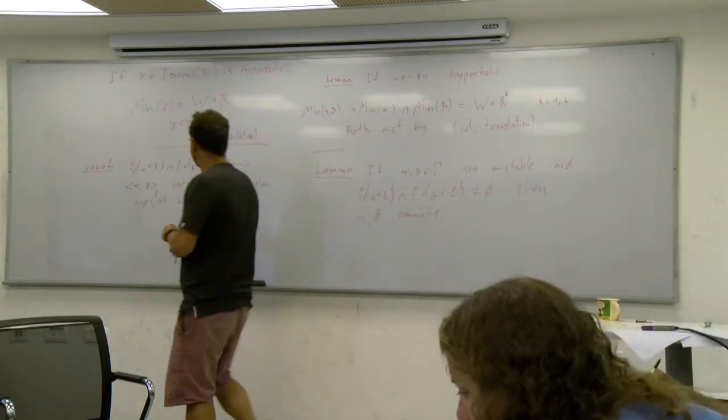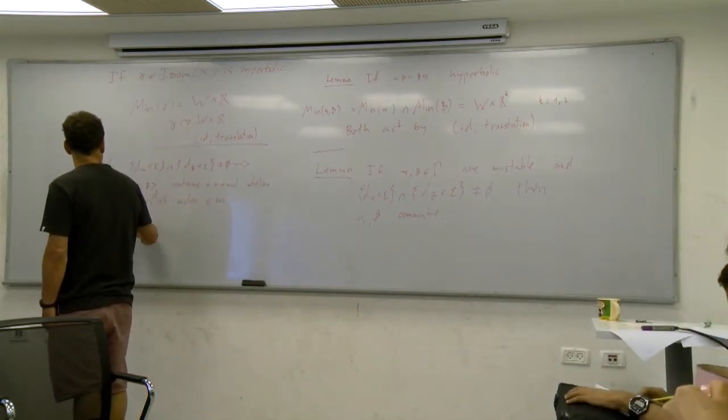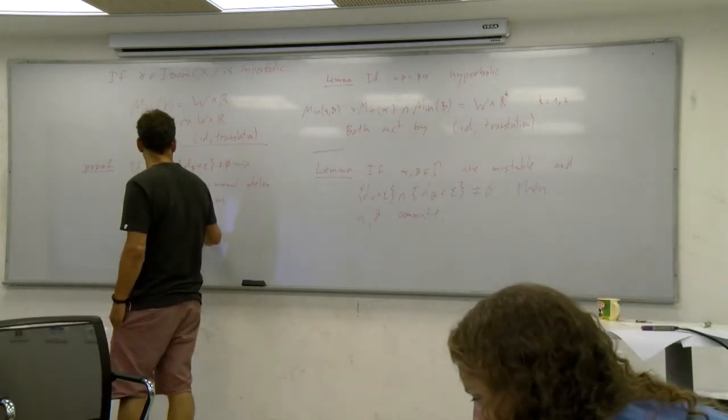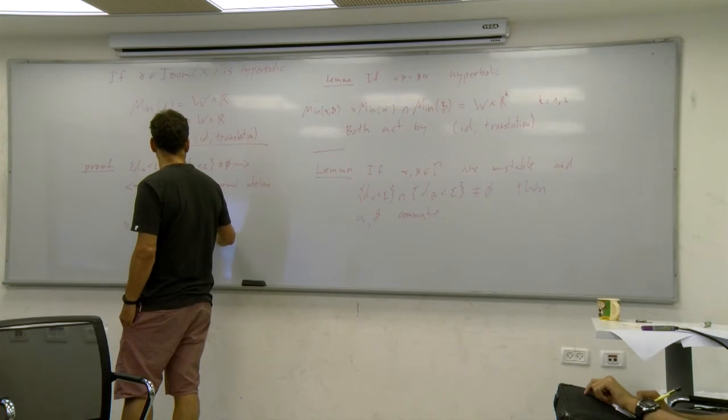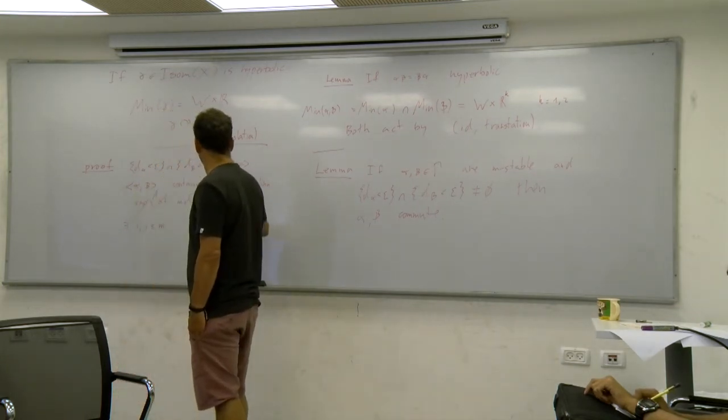So now there are i and j less than m such that alpha to the i and beta to the j belong to this commutative subgroup.